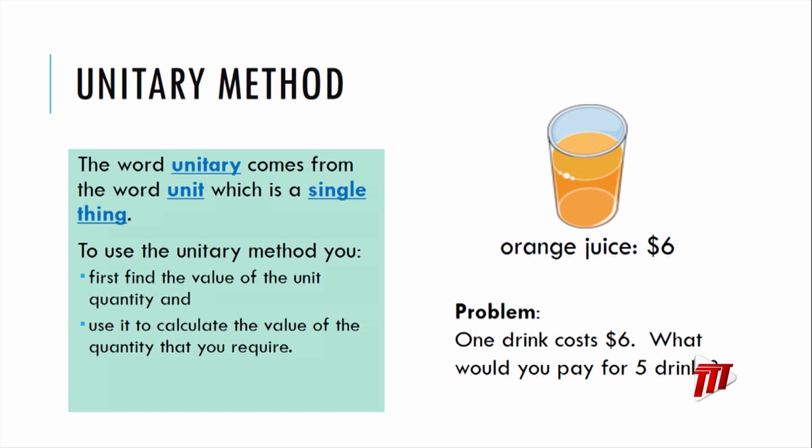Using the unitary method, since we know the cost of 1 unit, we can use the cost of that 1 unit and multiply it by the 5 units or the 5 drinks that we need, and we would have 6 multiplied by 5, which will give us 30. So here we see that the unitary method can be used to teach and to solve problems in multiplication.